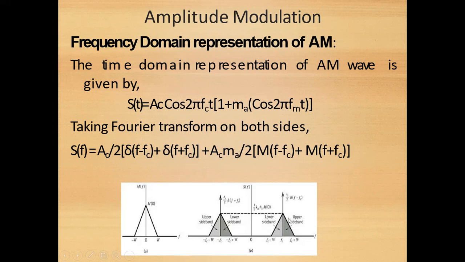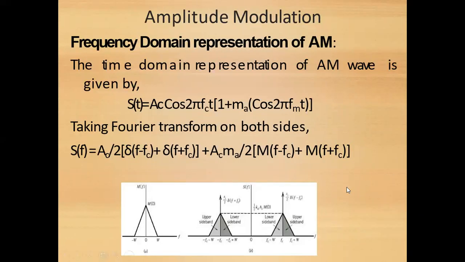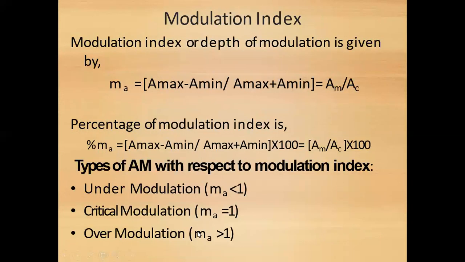From this spectrum, we can understand that the amplitude modulated signal consists of two sidebands, which we call the upper sideband and the lower sideband, where the upper sideband is fc plus omega and the lower sideband is fc minus omega. This is the frequency domain equation representation of AM, and this is the frequency spectrum representation of AM.